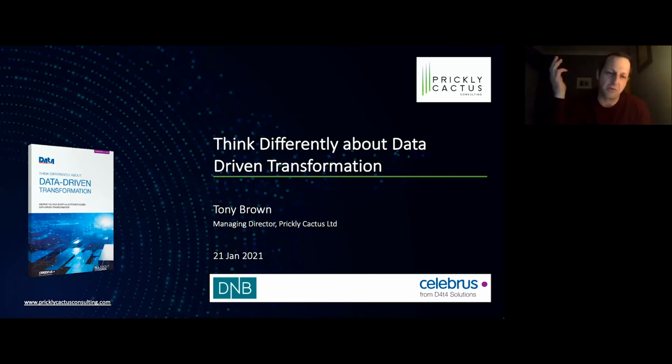Now, Celebris, if you haven't heard of them, they're a technology company that basically capture data from digital applications, other websites, mobile devices, kiosks, ATMs, all sorts of different devices, and capture that data in real time, create a really nicely structured data model. They interpret the data, put it into a consistent format, and then surface it to other platforms where it can be used for analytics and decisioning.